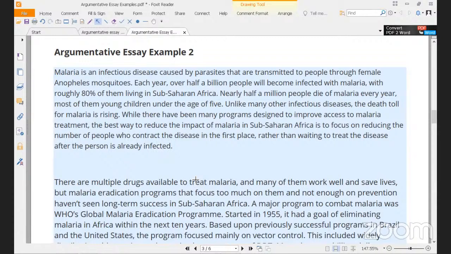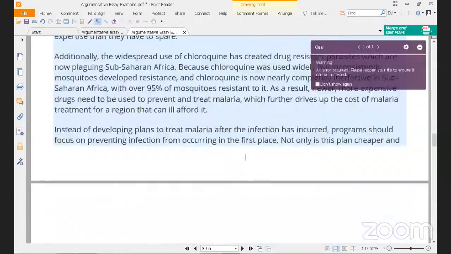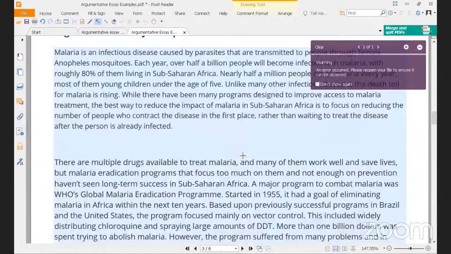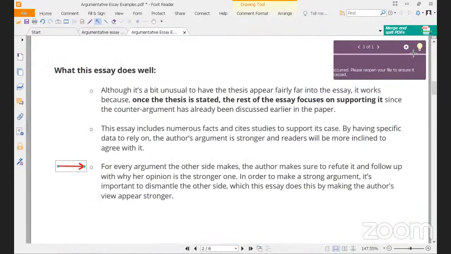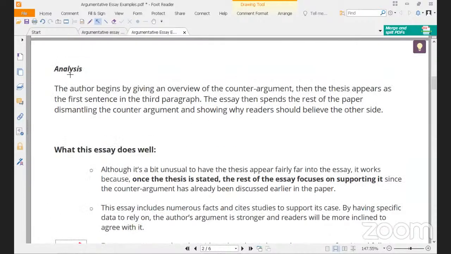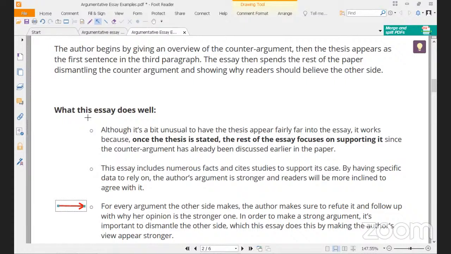I hope. Yes. And what's going to happen is you're going to read the essay. It's a little bit long, but not that long, okay? And what's going to follow is we are going to do the same exercise that we did. We're going to do an analysis, and we are going to state why this essay is well structured. In few words, what are the good points in this essay? But in this other case, you're also going to write about what should be improved in your opinion, okay?